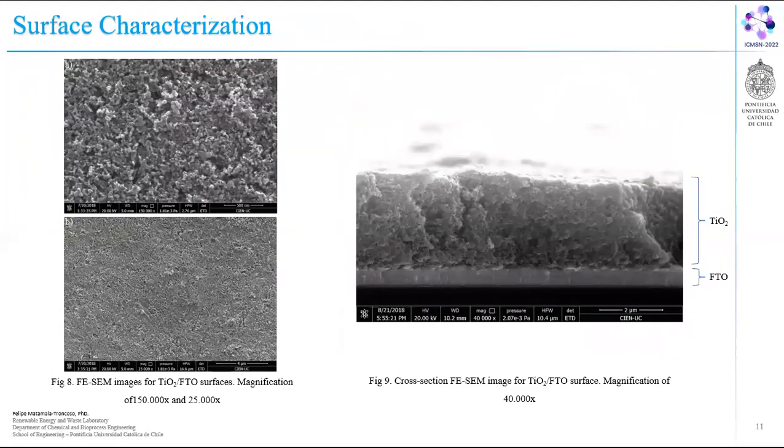Here we see scanning electron microscopy with field emission, which was used for the surface analysis to obtain an image of a cross-section of the surface, with which we determined the thickness of the deposit to be around 3 micrometers. Here we can observe the layer corresponding to the FTO, and over this layer, the titanium dioxide deposit.